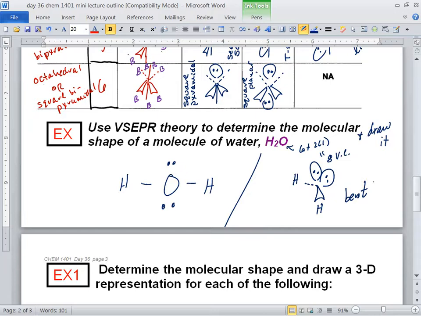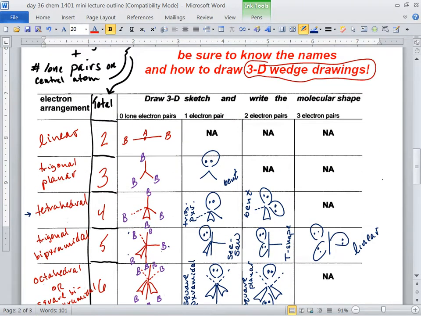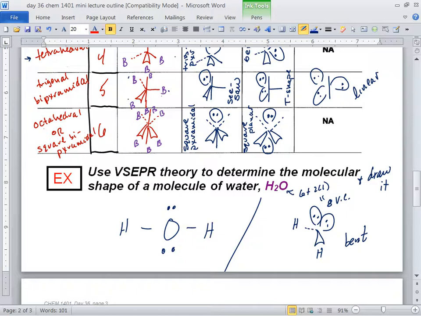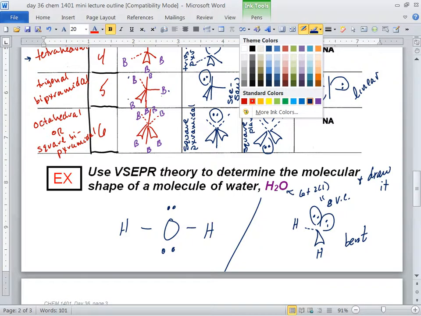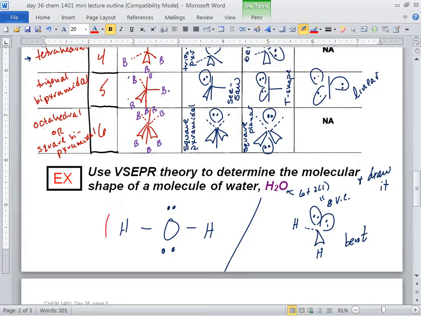Usually how I do this, because this is getting really complicated, pretty much the only one I memorize is this one. Let me show you what I'm thinking. I look at my Lewis dot structure. I recognize that the total is 4. So what I do is I draw my tetrahedral shape, because that's the only one I really have memorized. 4.